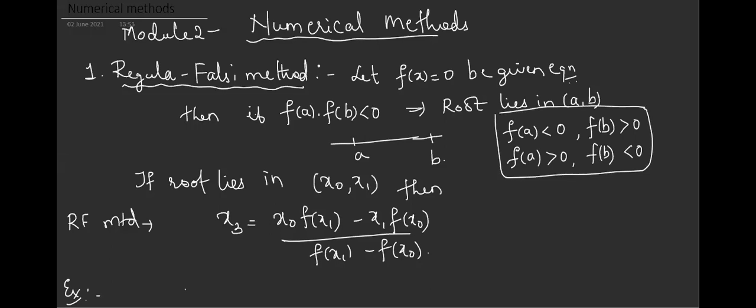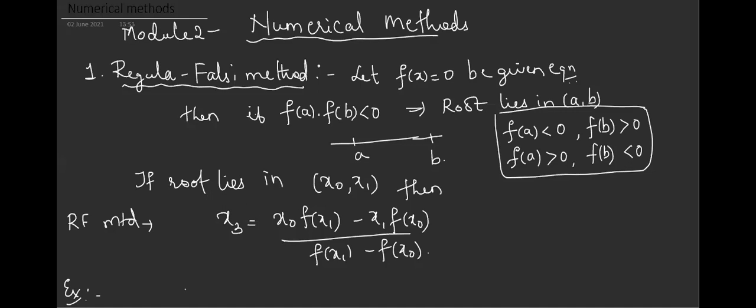So you have to choose two numbers such that they give one equation, f of x equal to 0. You replace your x by a, you will get one quantity. I'm not interested in what that value is, I'm interested in whether it is positive or negative. So you have to choose two numbers a and b such that one gives a positive value and one gives a negative value. If that condition is satisfied, then we say that the root lies between a and b.